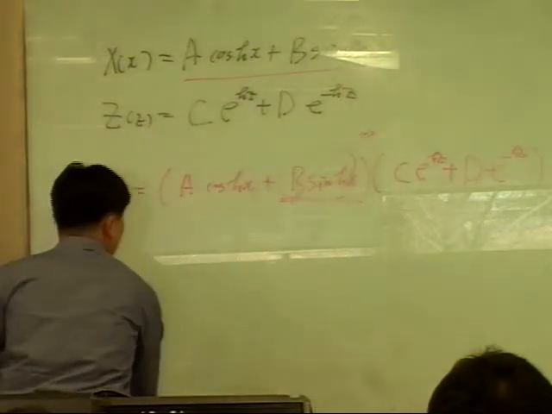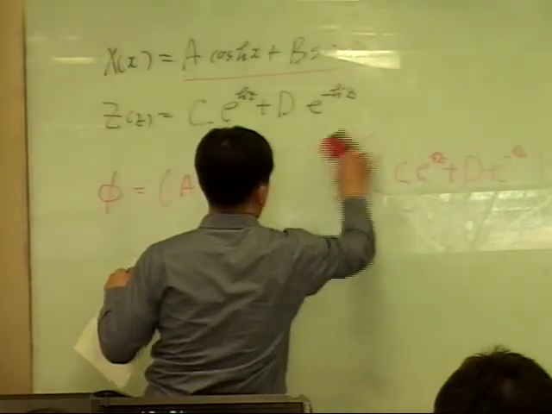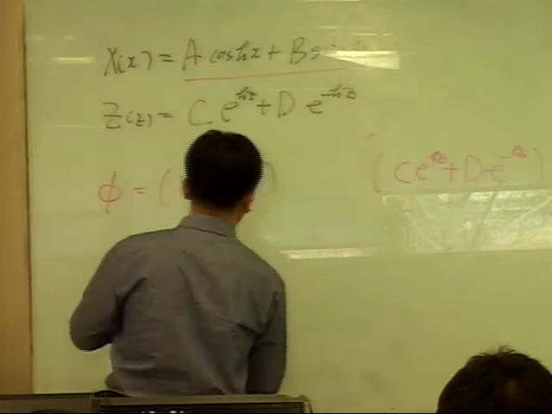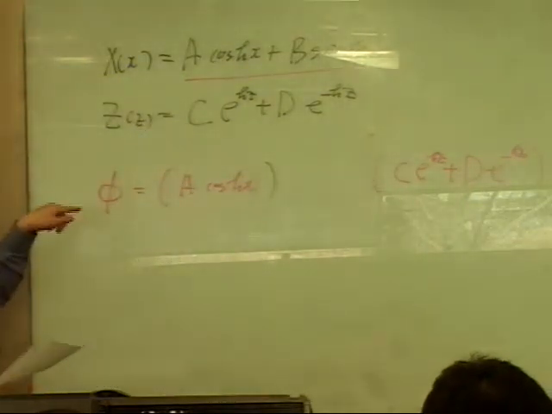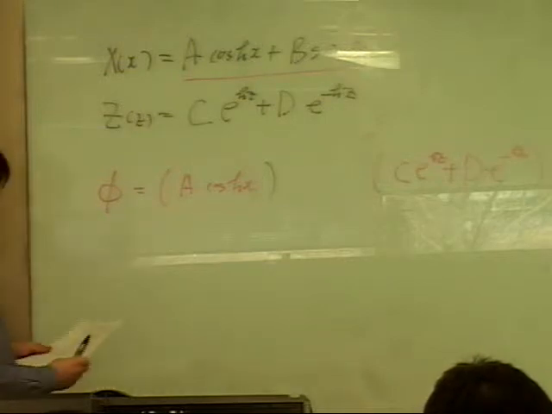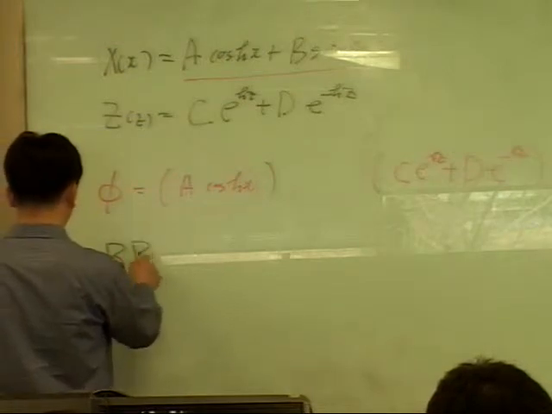Then our potential will just be a simple form like that. So we need to calculate the constants A, C, D. Here, let's use the bottom boundary condition, BBC.